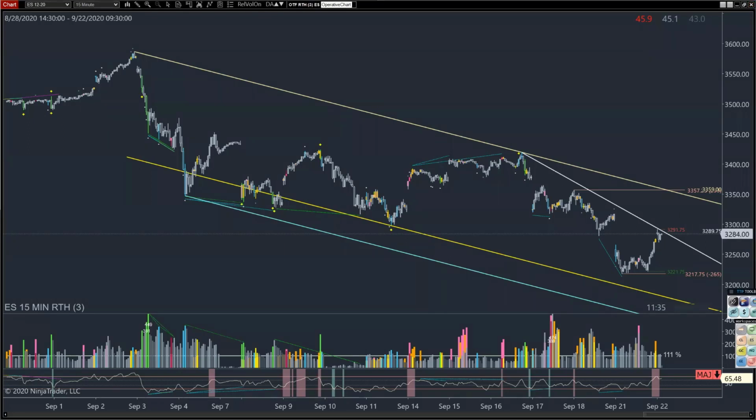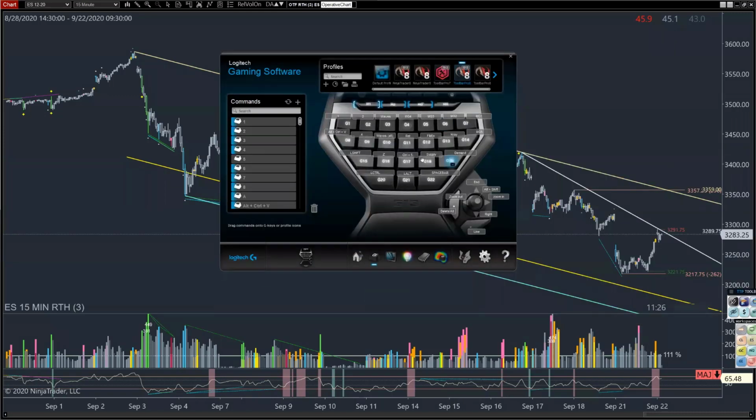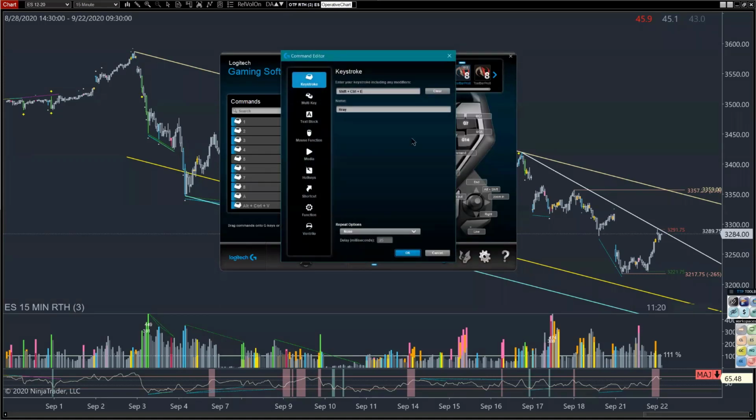Alt Control Shift E. It's very odd that this thing just simply will not save in real time, and it's got to be a setting somewhere. It's Alt.